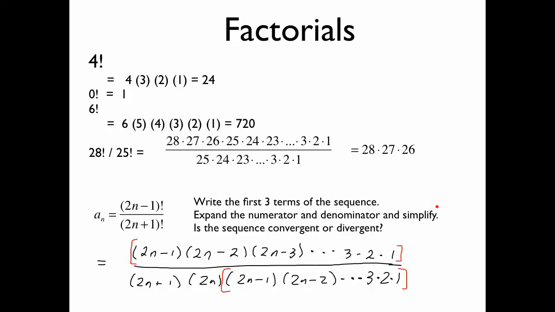So once you get to 2n minus 1, now you're talking about 2n minus 1 factorial, which is the whole numerator. So what does this simplify to? One over 4n squared plus 2n. So that initial sequence is the same as the sequence 1 over 4n squared plus 2n.